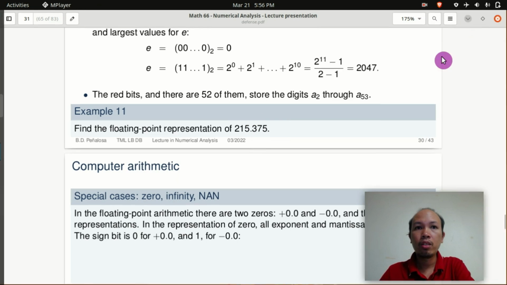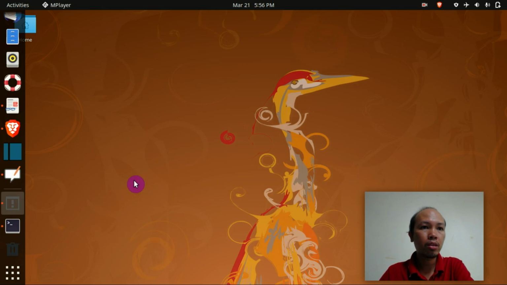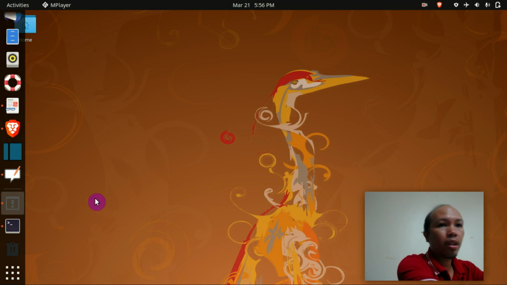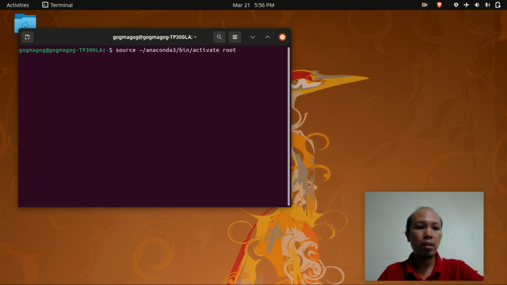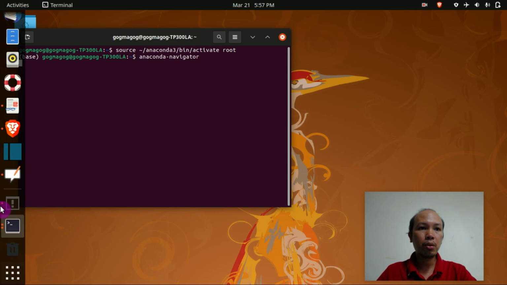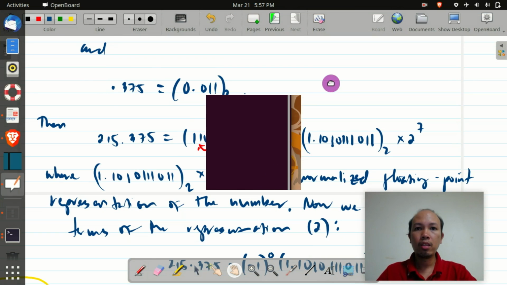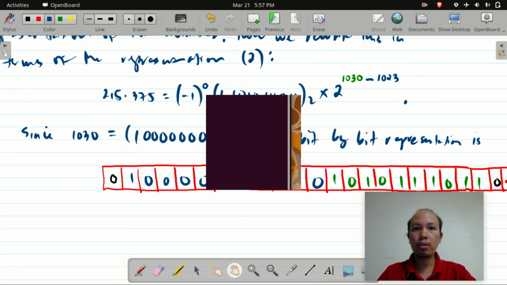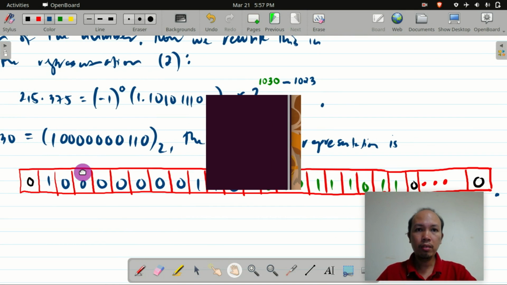So what I will do here is to open my Anaconda Navigator, and then put a series of code to check our result, if this is the correct representation of 215.375.